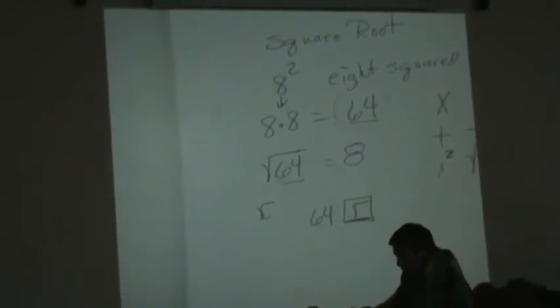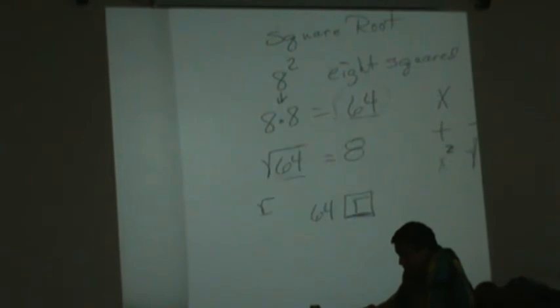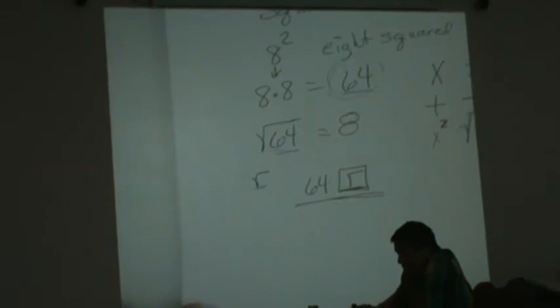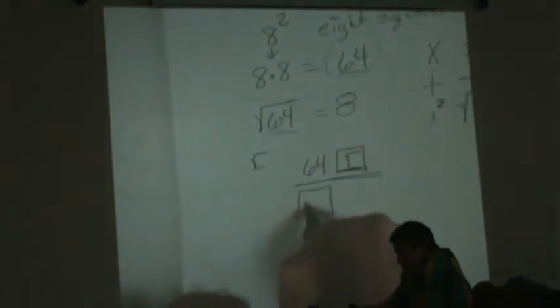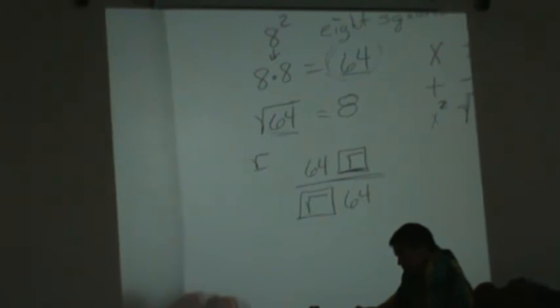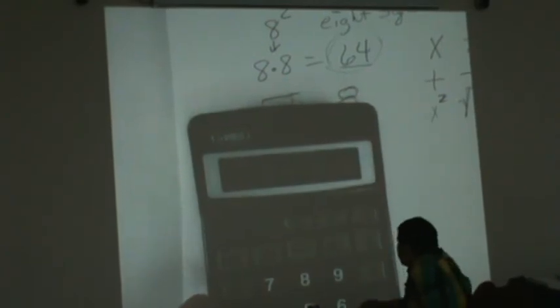You don't even have to hit equal. That's usually the cheaper ones. You hit the number and then the square root sign. Okay, but then a lot of them, you'll hit the square root sign first and then hit 64. Okay, this one, the cheap one that I have, you hit 64 first.